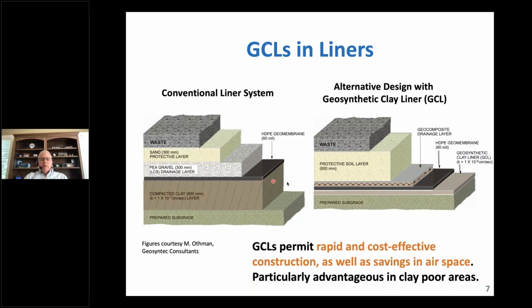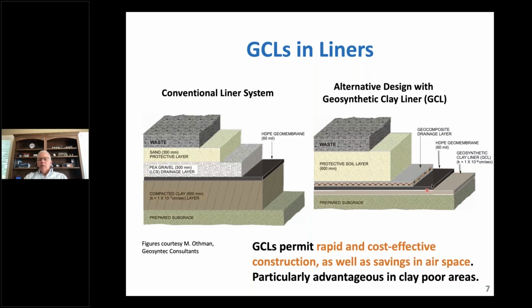That system is being replaced by a much thinner barrier over here on the right with our alternative design with a GCL, where we've got a geosynthetic clay liner that has a hydraulic conductivity almost 2 orders of magnitude lower, at about 10 to the minus 9 centimeters per second, or 100 times lower than the clay liner.